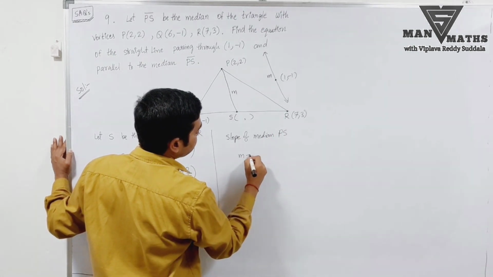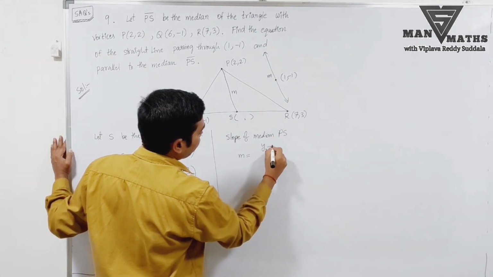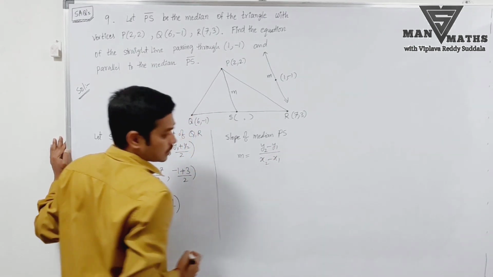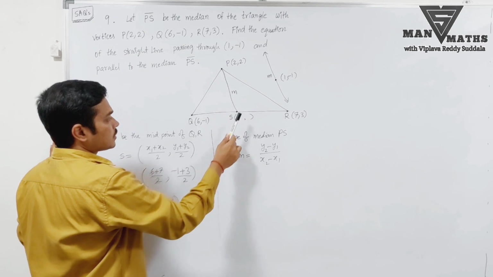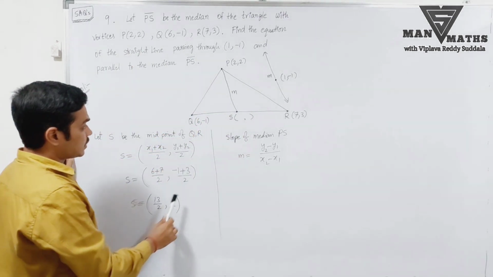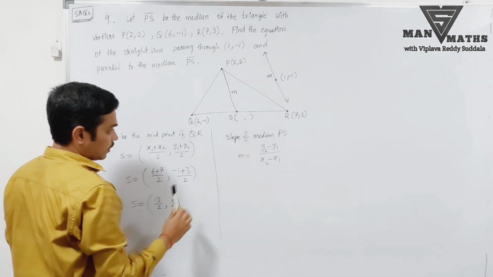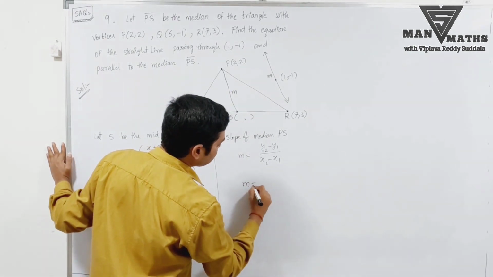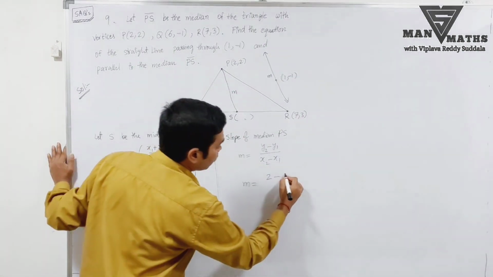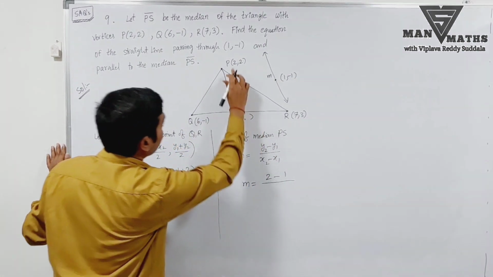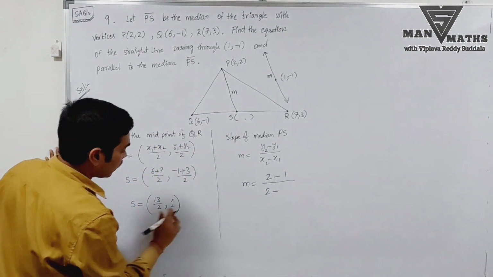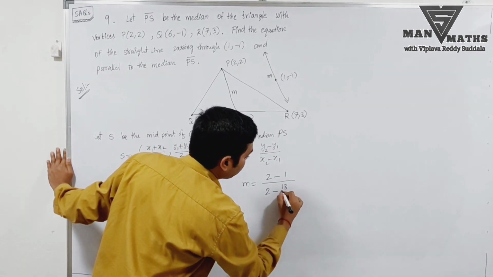What is the slope formula? m is equal to (y2 minus y1) by (x2 minus x1). This is the first point, that is the second point. So m is equal to (2 minus 1) by (x2 minus x1), that is 2 minus 13 by 2.